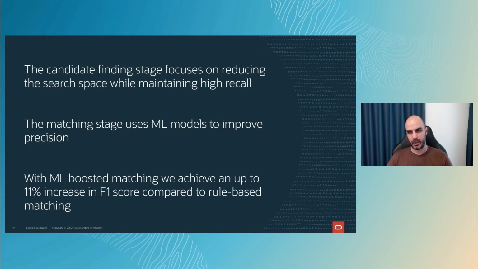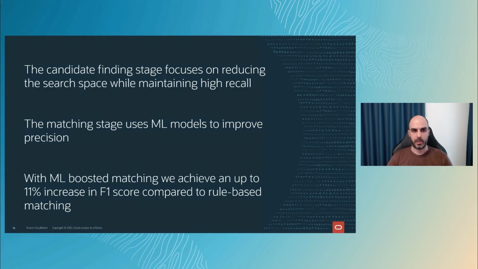Just to summarize a few of the important steps that we discussed. The candidate finding stage focuses on reducing the search space while maintaining high recall. You want to keep as many matching pairs in the candidate set as possible, but we don't really care much about having some that aren't really matches in there.